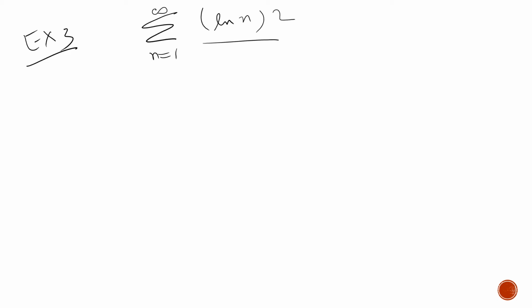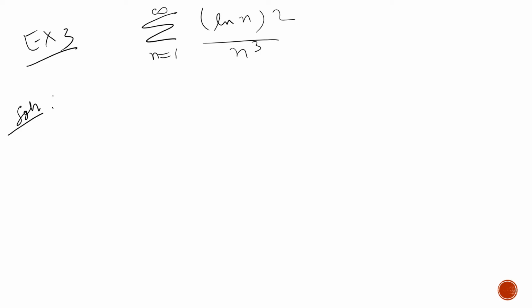Now let us consider the third example, example 3. So I want to check the convergence or divergence of this series. Now obviously, looking firstly at this series, you must be thinking how to choose this Bn.